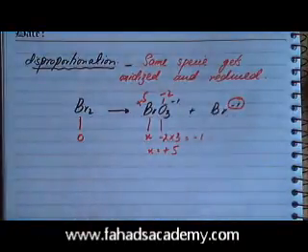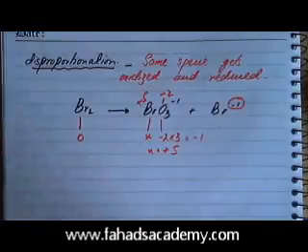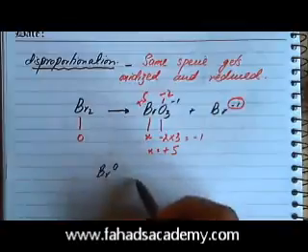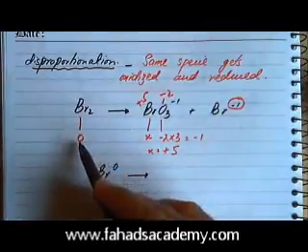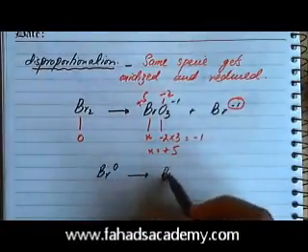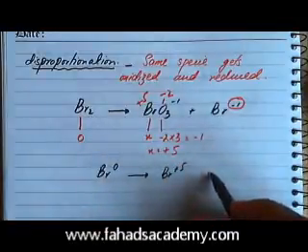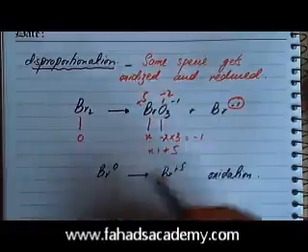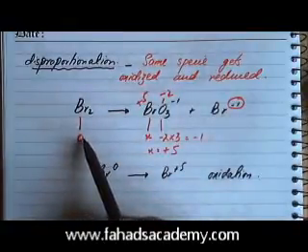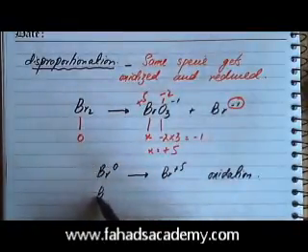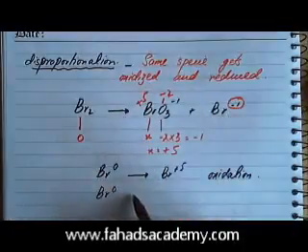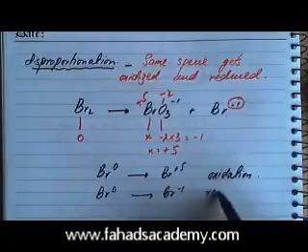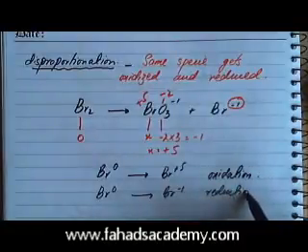So you can see that bromine is going from 0, where it had an oxidation state of 0, to Br plus 5. So that is oxidation. But on the other hand, the same bromine which was 0 over here is also going to minus 1, which is reduction.